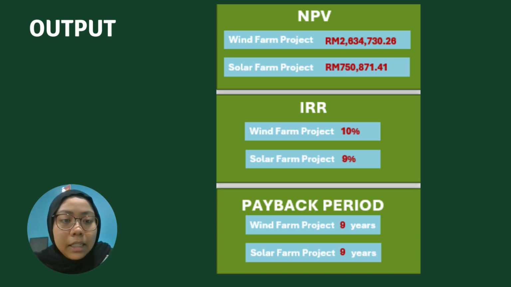This dual indication makes the project more appealing to investors seeking strong returns. Despite the inherent risk, such projects are often seen as valuable opportunities in the investment landscape, balancing potential reward with associated risk. The conclusion of this output is that the wind farm project performs much better than the solar farm project.